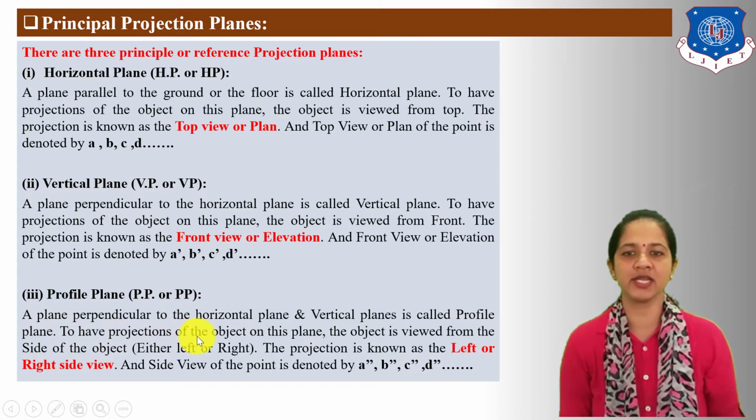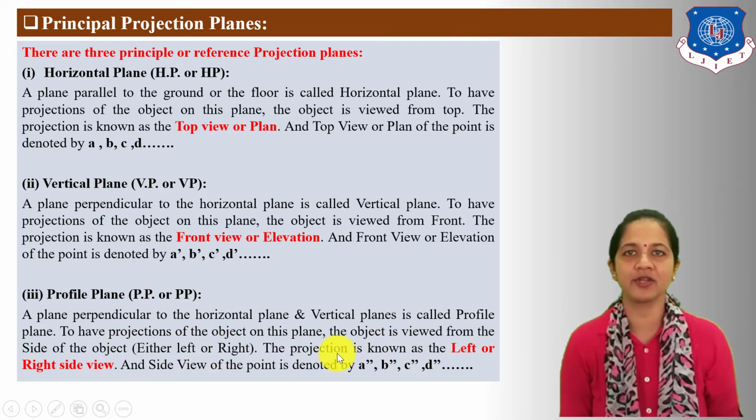To have projection of the object on this plane, the object is viewed from the side of the object, either left or right. The projection is known as the left or right side view, and the side view of the point is denoted by small letters a double dash, b double dash, c double dash, d double dash, etc.